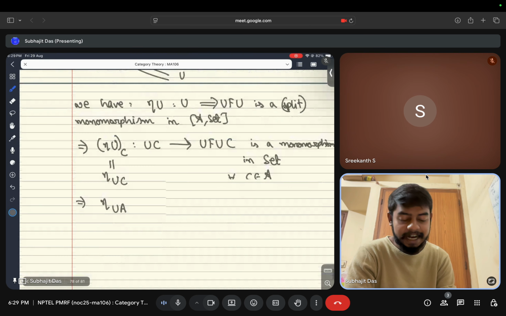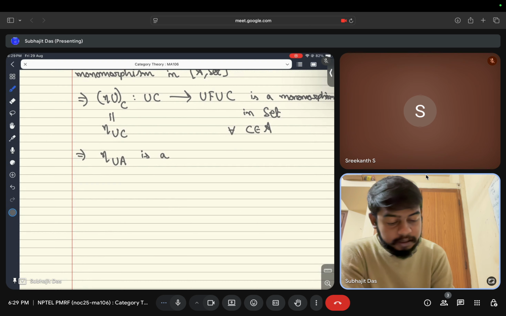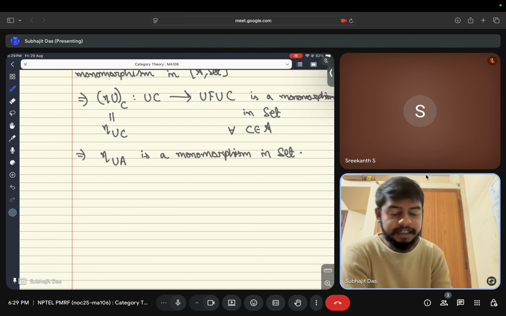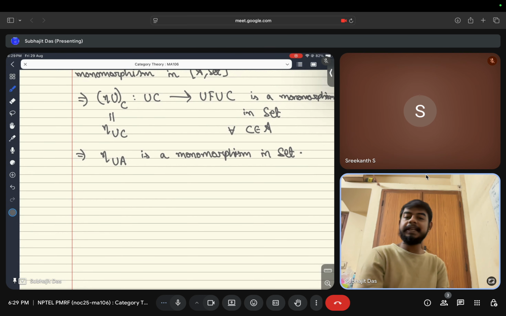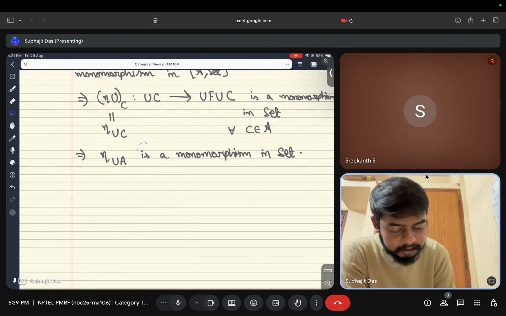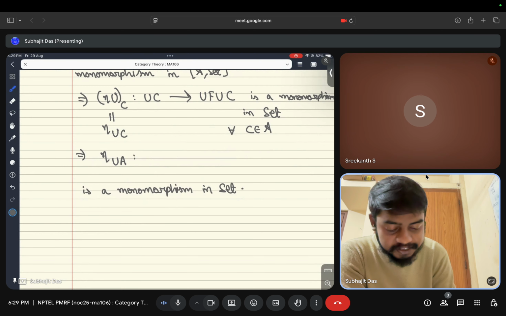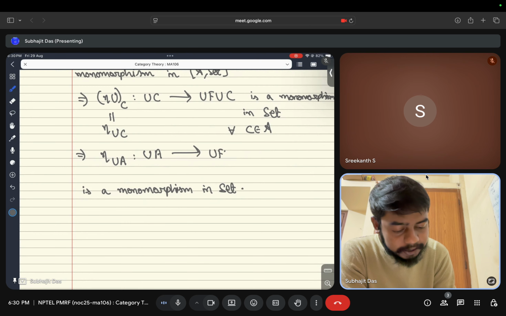So we have eta at UA is a monomorphism in set, right? So what does this mean? Eta at UA is a monomorphism. Let's write the domain and the codomain. So eta at UA is a map of sets from UA into UFUA.